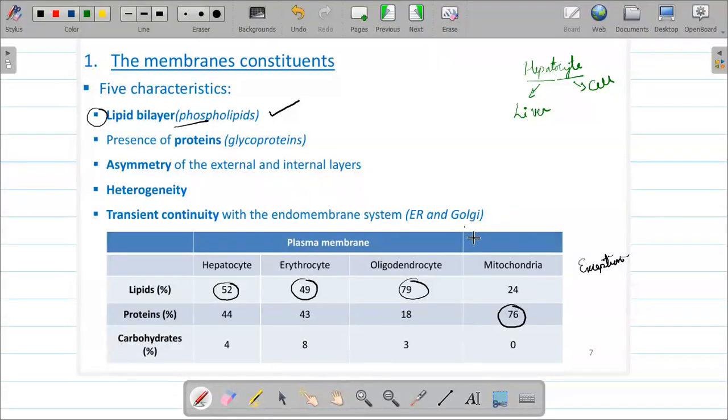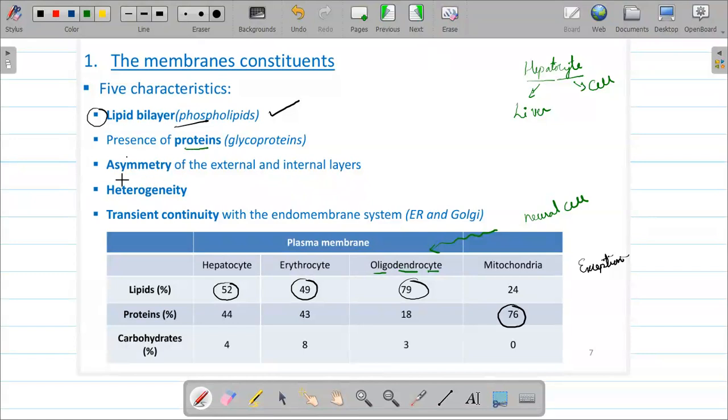Dendrocyte is a neural cell. Oligo means few, so few neurological cells. There also the lipid concentration is very high.